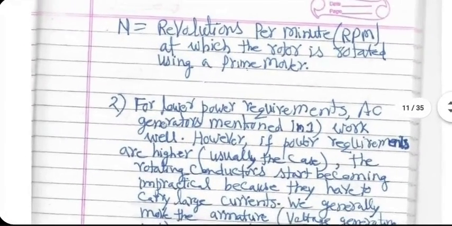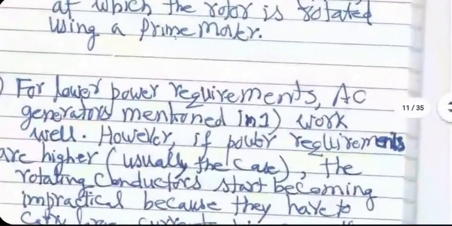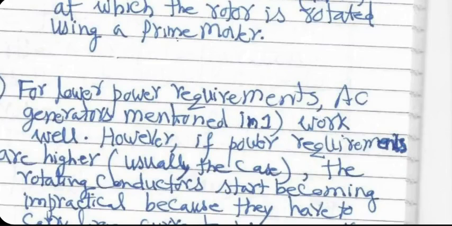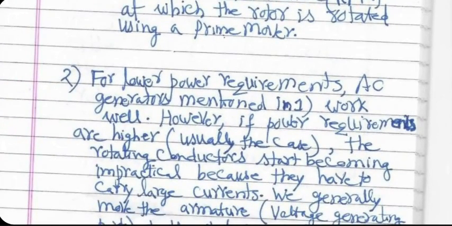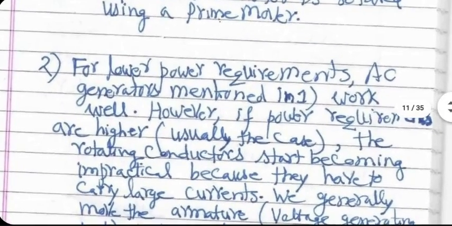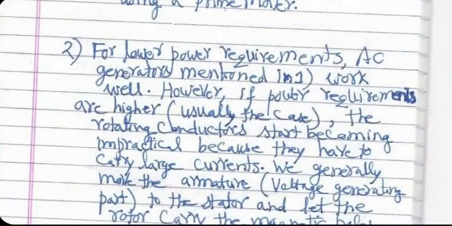For lower power requirements, AC generators mentioned in 1 work well. However, if power requirements are higher, that is usually the case because society needs a lot of electrical power, the rotating conductors start becoming impractical because they have to carry large currents.